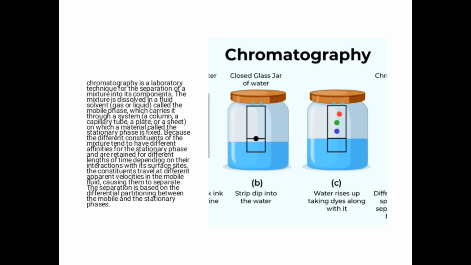You can see the process here. Separation of black ink, for instance. You have a closed jar of water. The strip is dipped inside the water, and then as the water rises up, it takes the dyes along with it, and you can see that they start to separate into their different components based on their rate of movement over the absorbent medium.